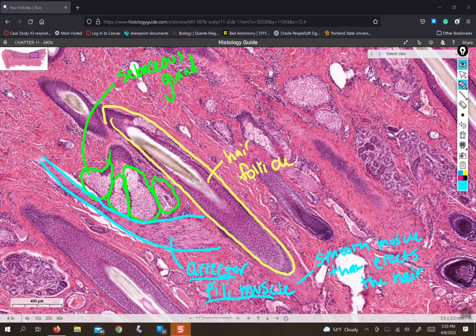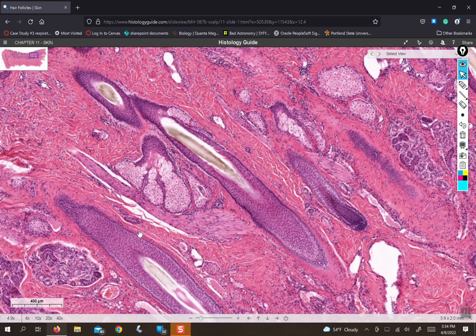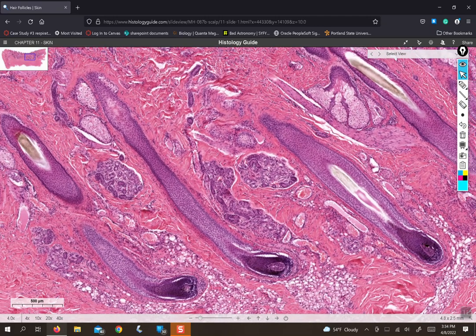So let's go look at some other examples of the erector pili. I can see some streaks of one here and here. Let's go cruising for another piece. I can see one here. So you'll notice that depending on the slice and the angle of it, you're not going to always get a big obvious erector pili muscle like the first one I showed you.